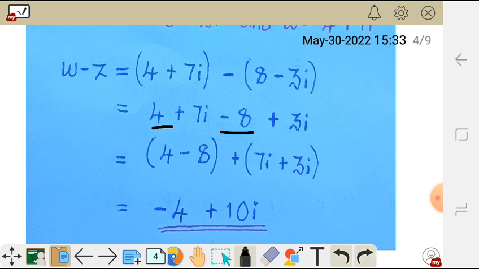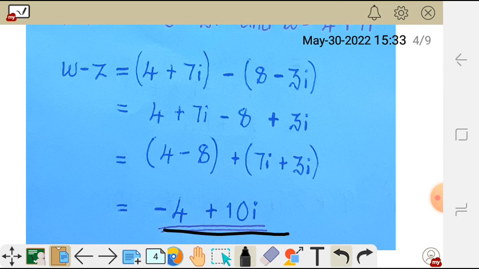Here that negative multiplied by that negative will be a positive in this bracket. So 4 minus 8 is negative 4, and 7i plus 3i is 10i. So the answer for the second one is negative 4 plus 10i.